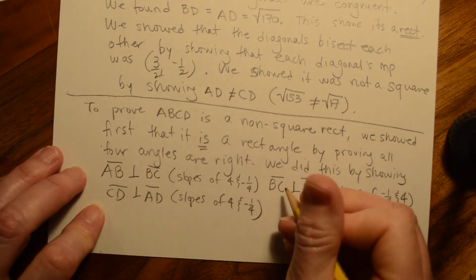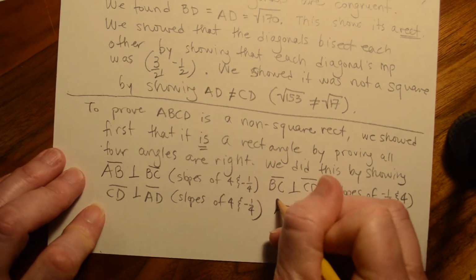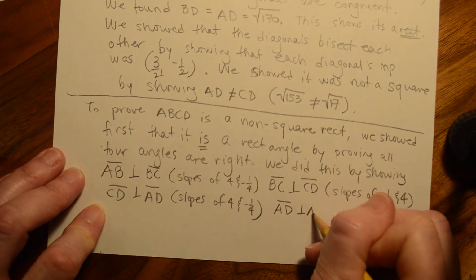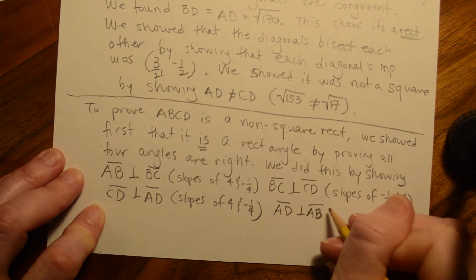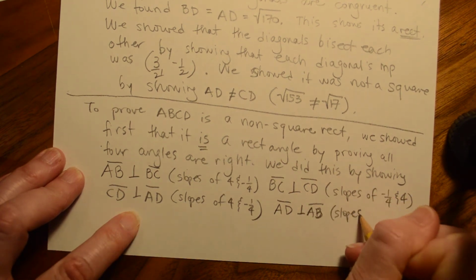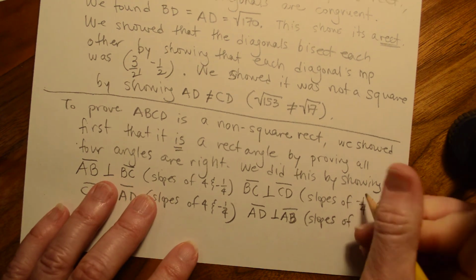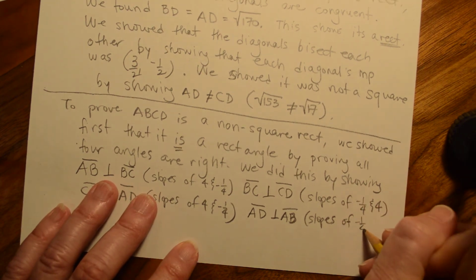And then AD is perpendicular to AB, slopes of negative 1/4 and 4.